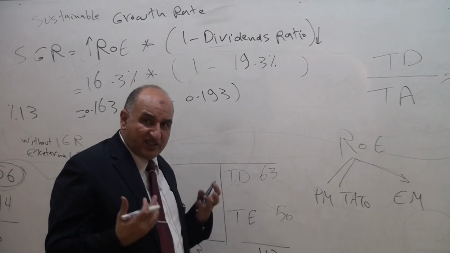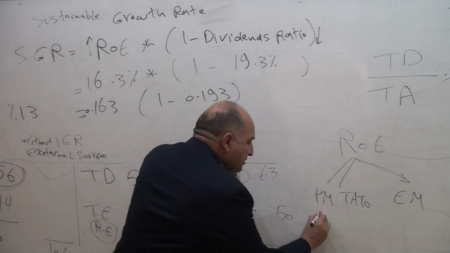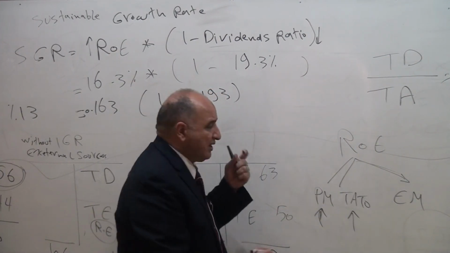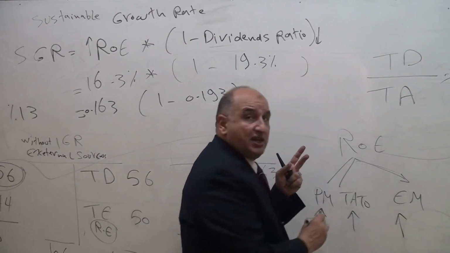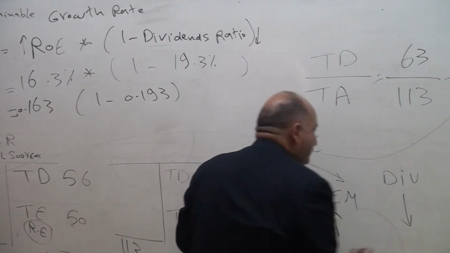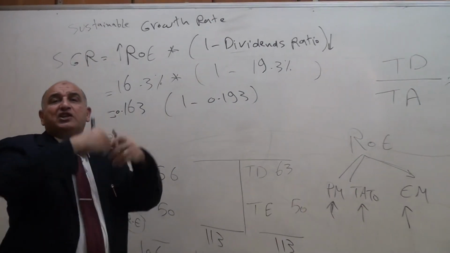So to say something very good, how can we increase the sustainable growth rate? By increasing the profit margin, by increasing the total asset turnover, by increasing the equity multiplier, and by decreasing the dividend ratio. دول الفور فاكتورز اللي يخلوا شركتك تبقى في السما.